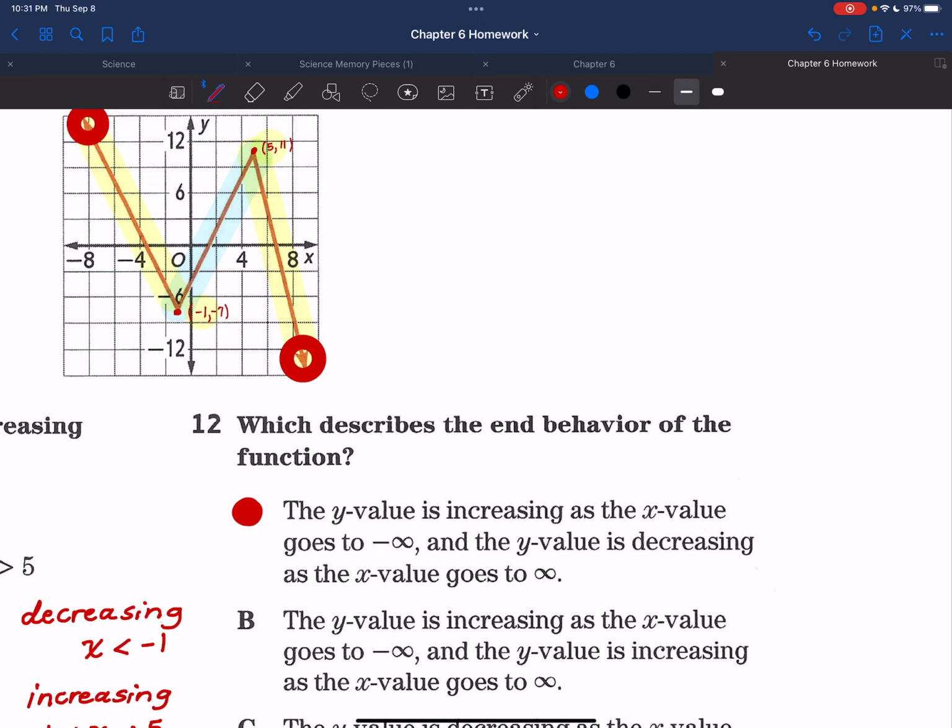Okay, let's look at the right side. The y values are decreasing here as the x values increase. Okay.